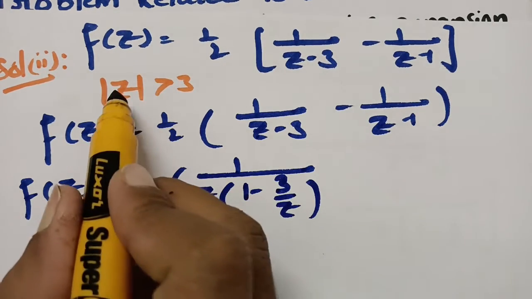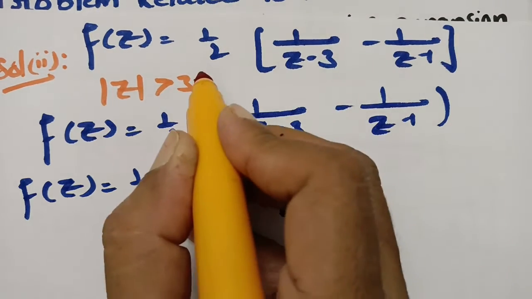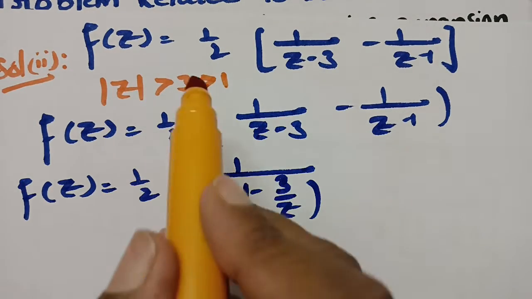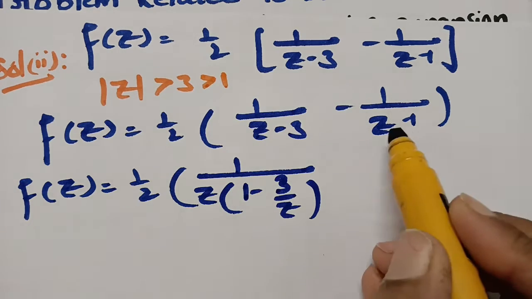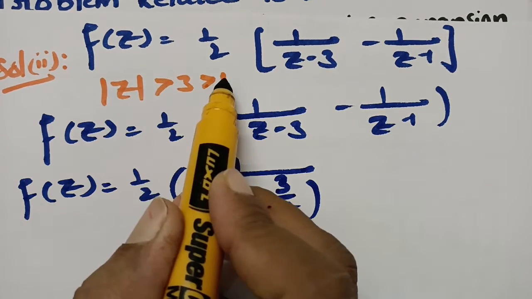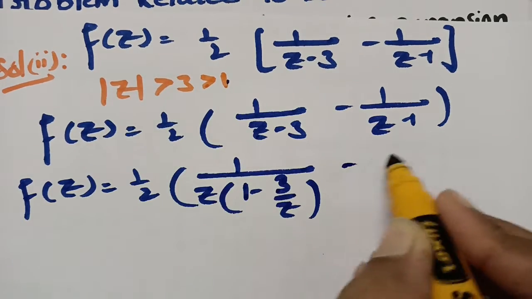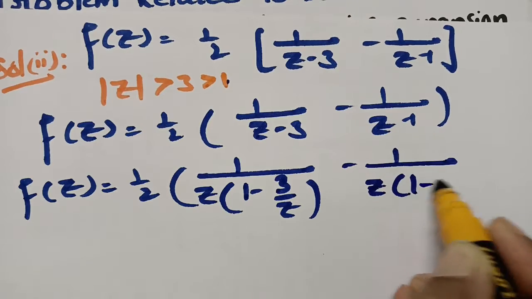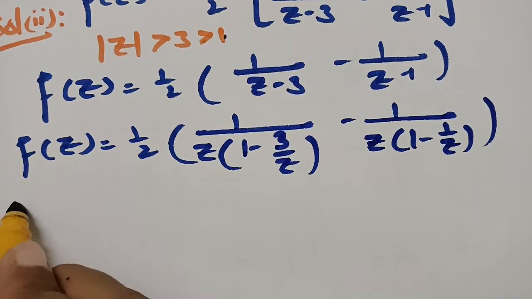Clear? So if mod z is greater than 3, it is still greater than 1 also. So when you compare z and 1, which one is greater? Among z and 1, z is greater, and therefore I am taking z common from this, 1 minus 1 by z. So this is the shortcut which you have to use.